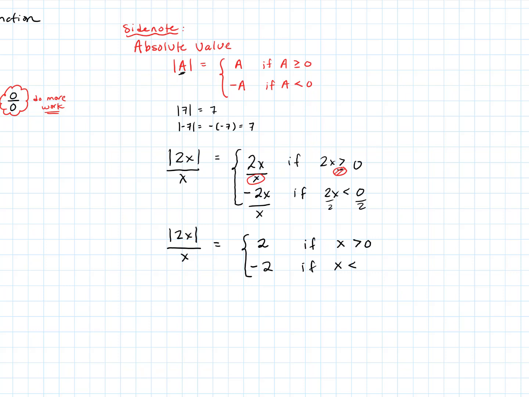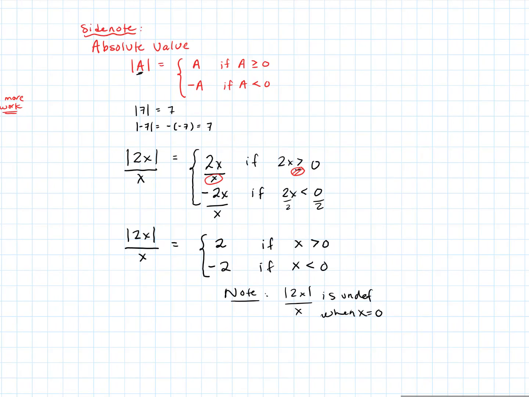And note that the absolute value of 2x over x is undefined when x equals 0. This function is not defined when x equals 0.